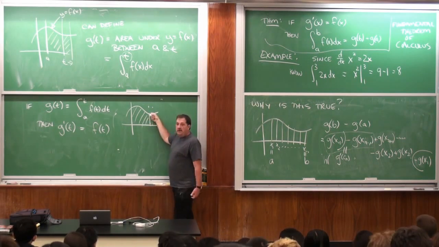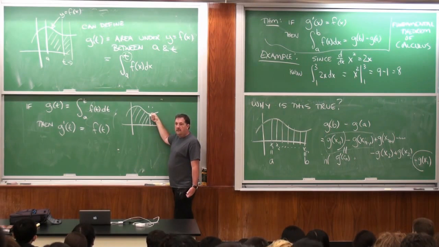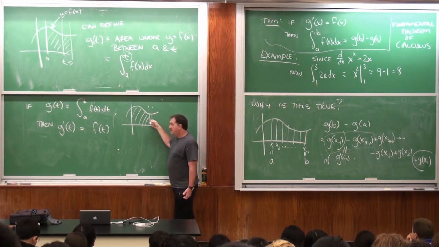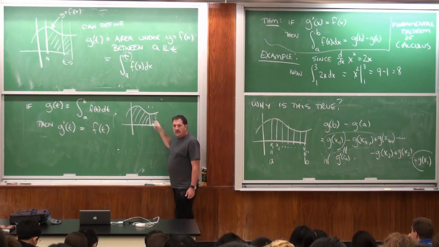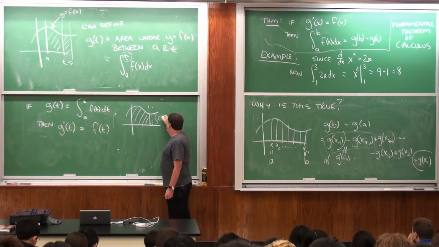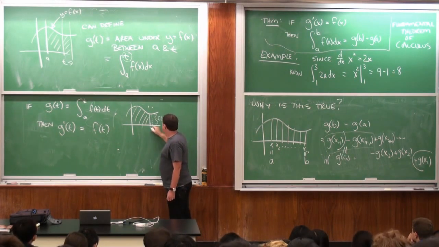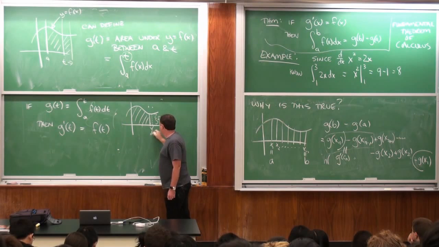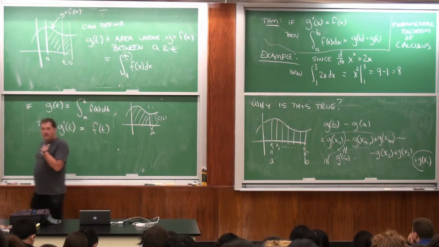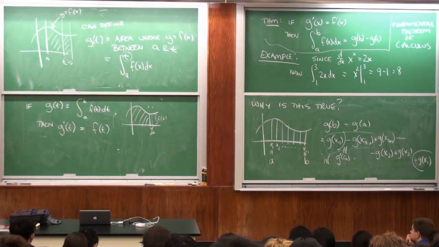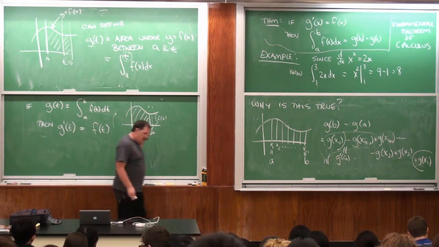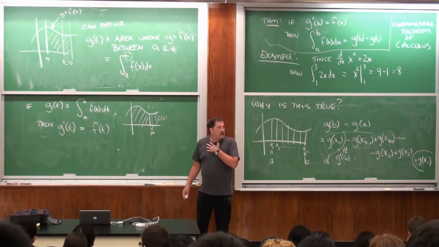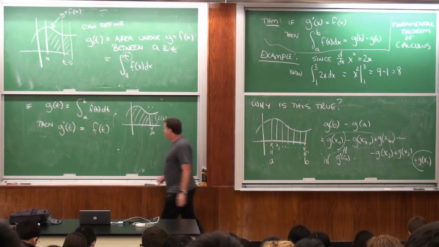Well, just the height of the function, that's how much I moved it. The width of this is just the height of the function times how much it moved. Right? So those two things are related. This one is a little more subtle, but it's also extremely important.